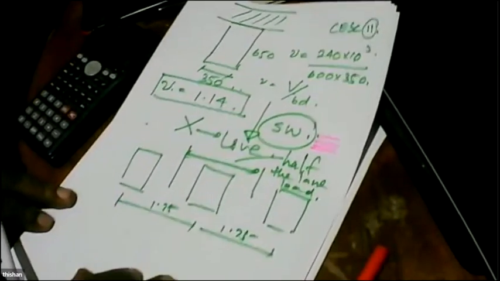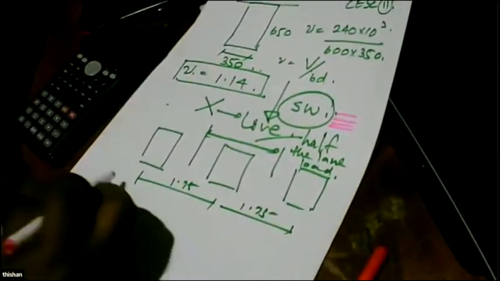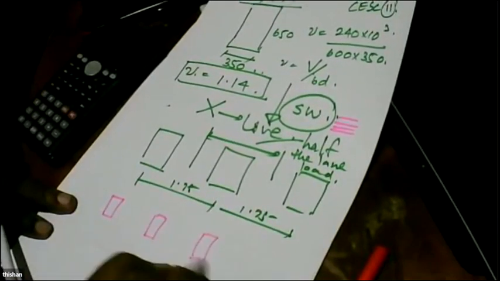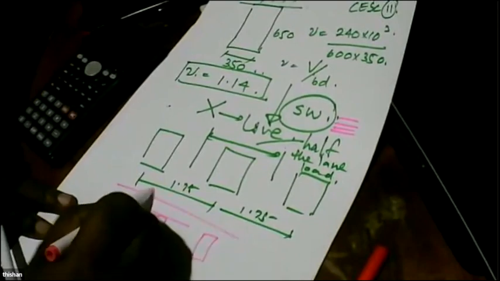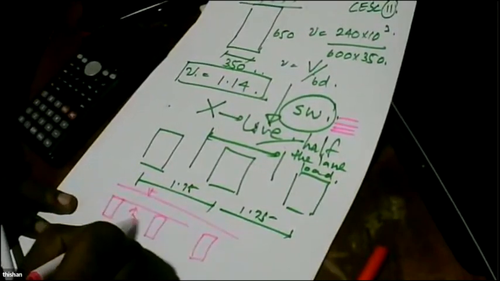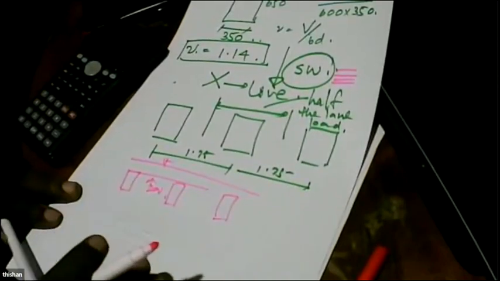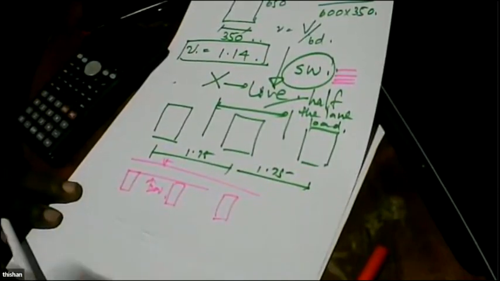Self-weight is a huge penalty, and by going for discrete beams with a thin slab, we have minimized the amount of material in it.